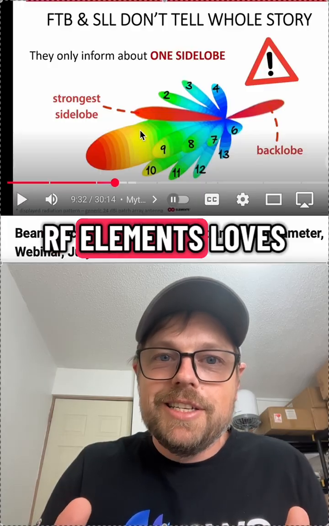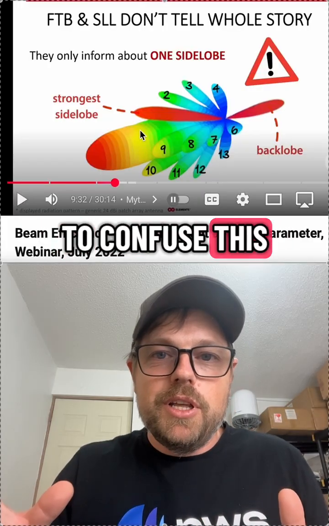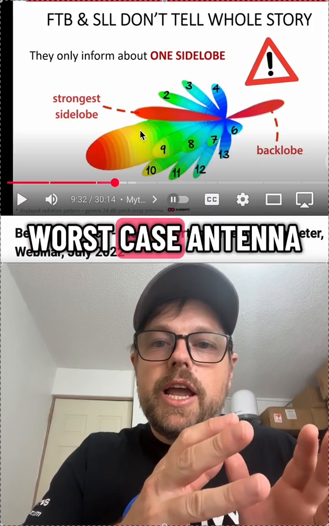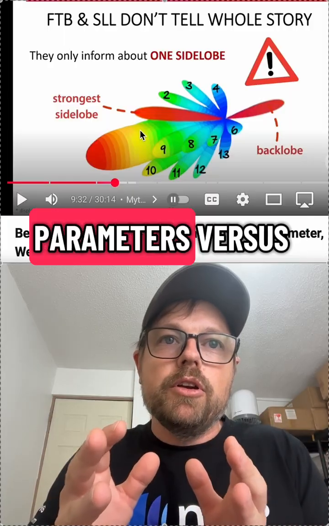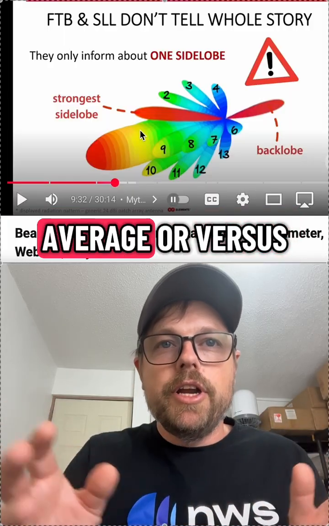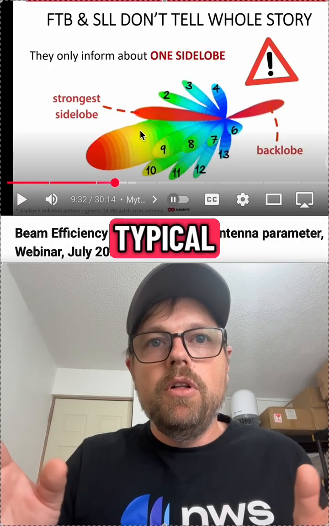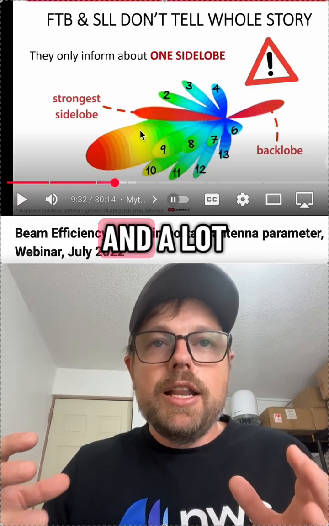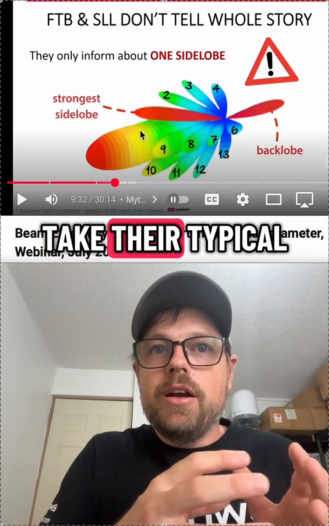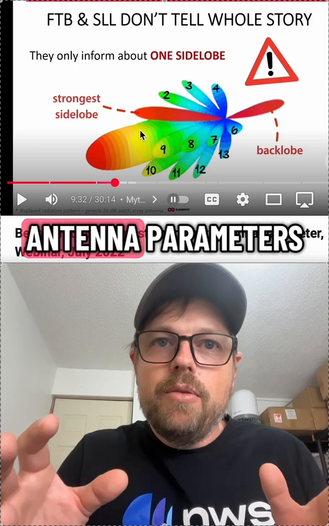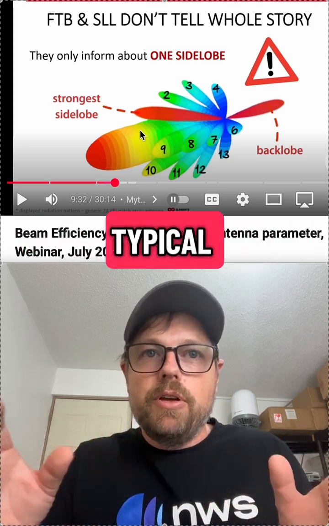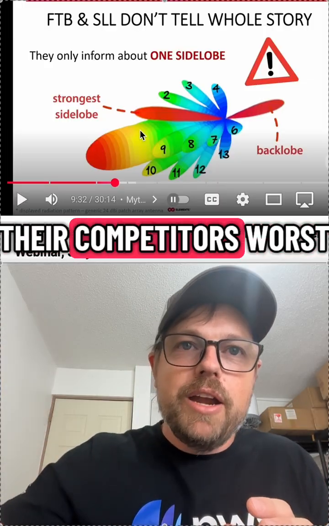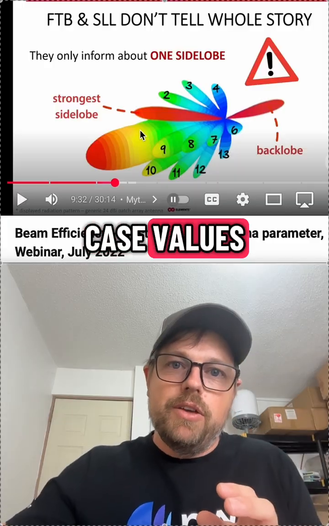RF Elements loves to confuse this. They love to confuse worst case antenna parameters versus average, versus typical, versus best case antenna parameters. And a lot of times they'll take their typical antenna parameters, what they call typical, whatever that means, and then they'll compare that against their competitors' worst case values.